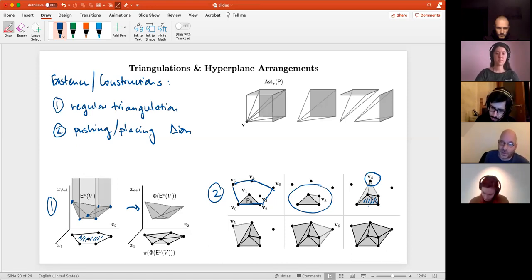And so now there's a notion of visible facets. It's a definition that almost explains itself. I claim this green facet over here, of one of my triangles, is visible. And so is this green facet, from V4, from this new point. For example, this facet over here is not visible because I can't see through my triangle.